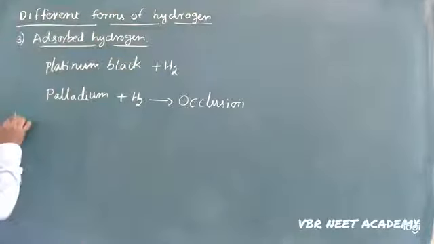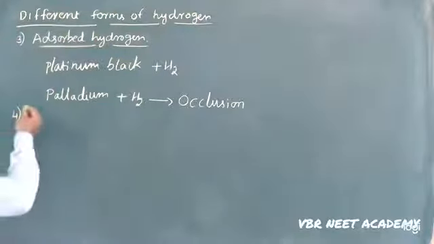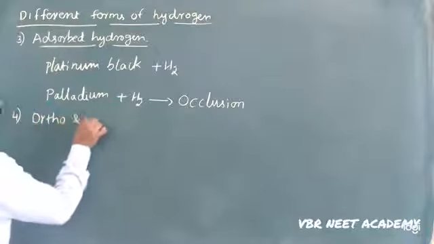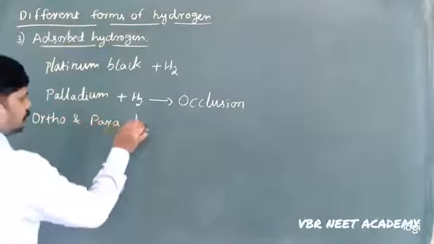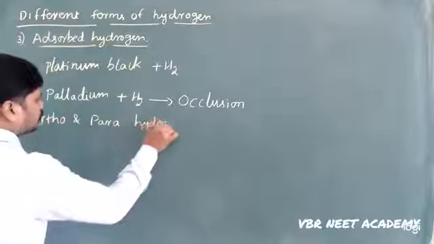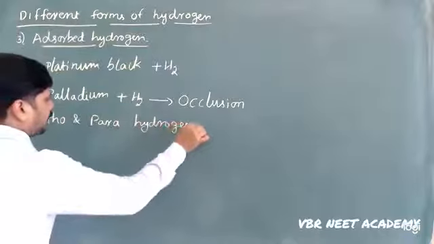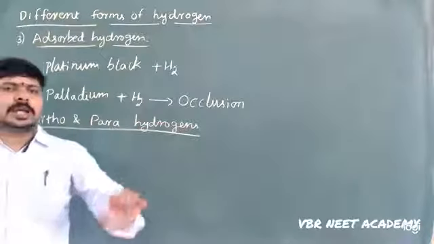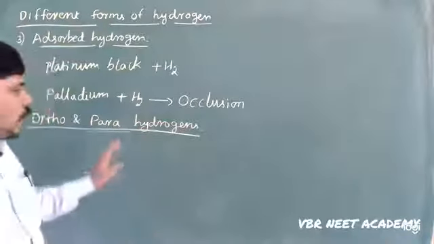And next one, the fourth one: your hydrogen molecule is going to exist as ortho and para. The hydrogen molecule exists as two types of hydrogens, ortho and para hydrogens. So what are these two?